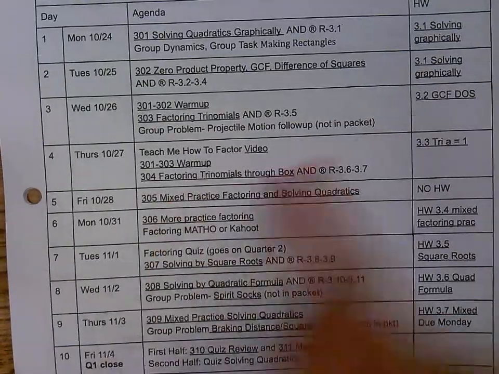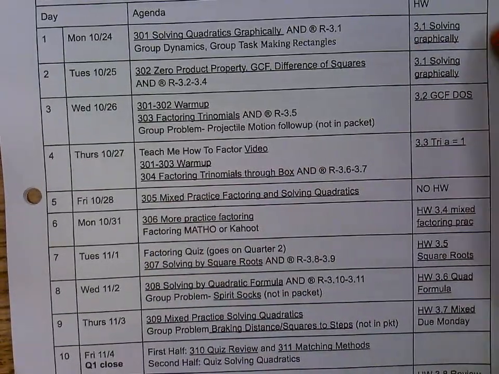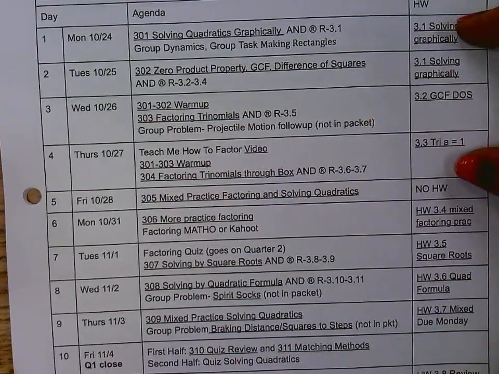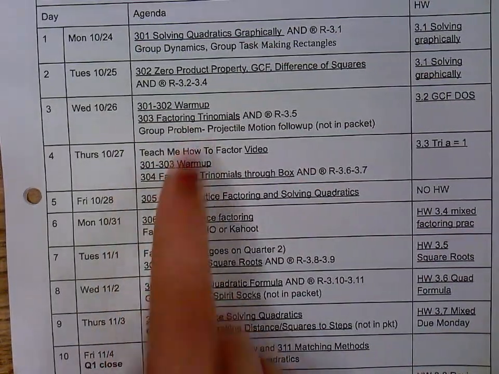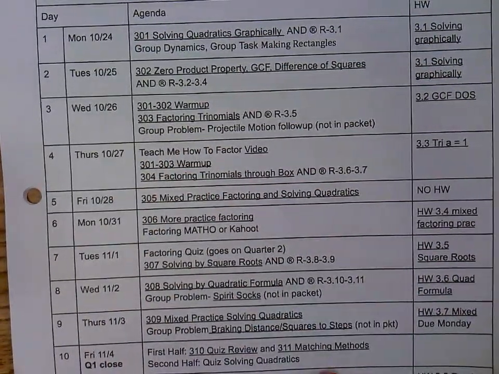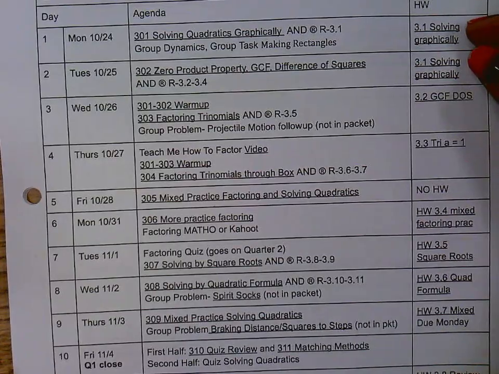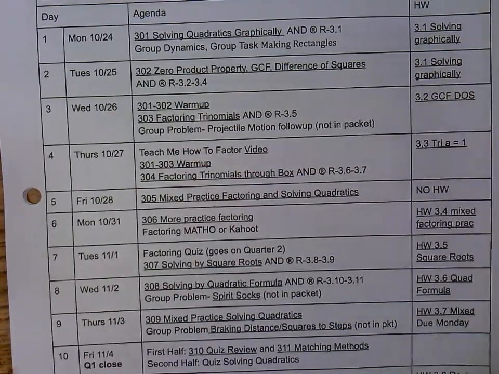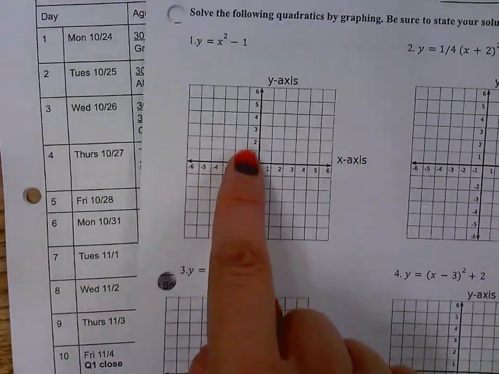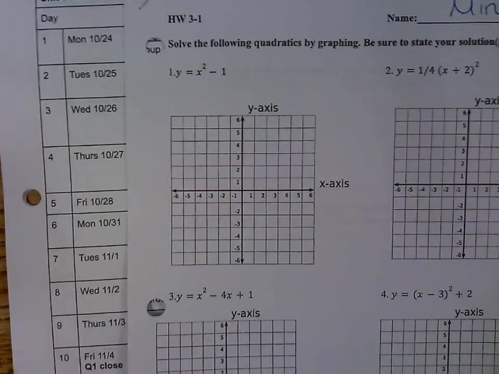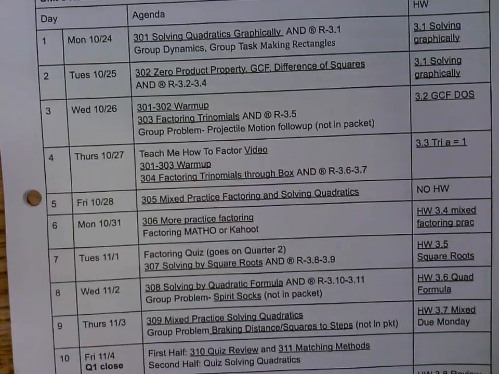So those will be kind of the last 3 things for this quarter going in, is what I see. And maybe this group problem. That gives you a week to kind of make stuff up. So you have 2 nights to do solve graphically homework 3-1. You can do it tonight because all it is you graph a quadratic and you tell me where the x-intercepts are. Okay? All right.